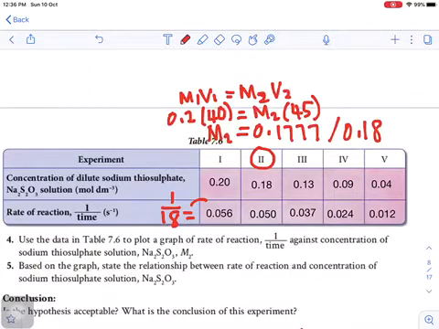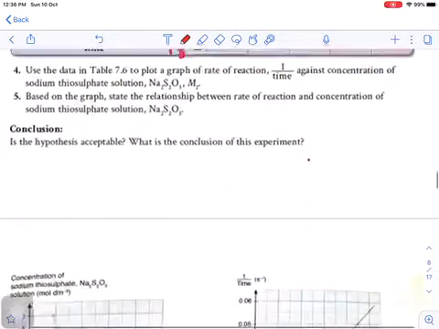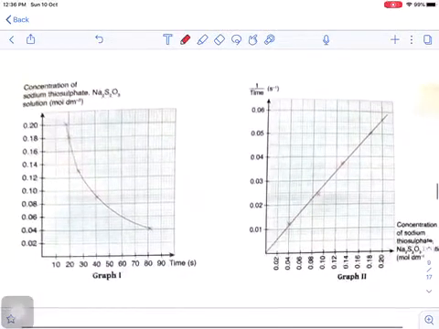So we get 0.0555, which is also 0.056, to 3 decimal places. Then follow the method to find all the 1 over time values. Okay, next, plot the graph.